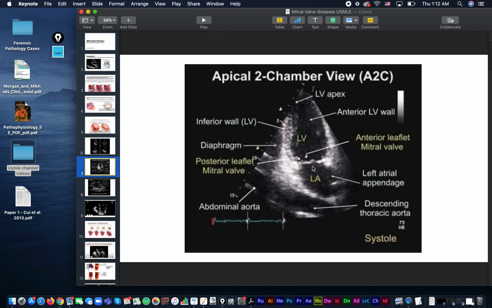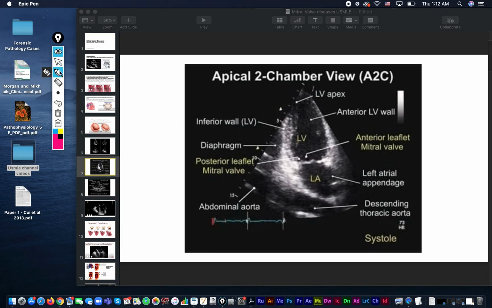This is just normal. The mitral valve there looks like it doesn't completely coaptate, but it's just normal. And then in the 2-chamber view, you see the abdominal aorta, which is really important because you know you get an image beneath the diaphragm.